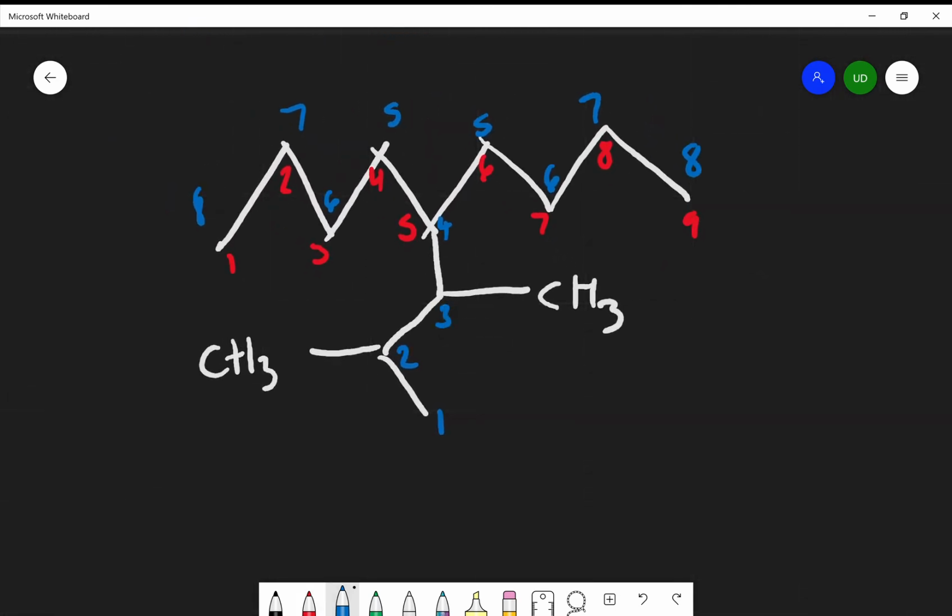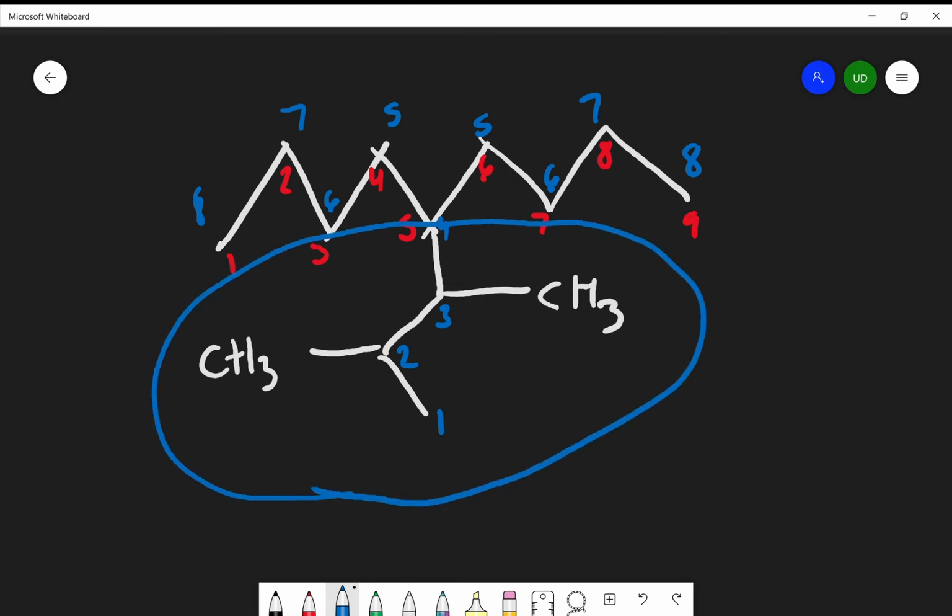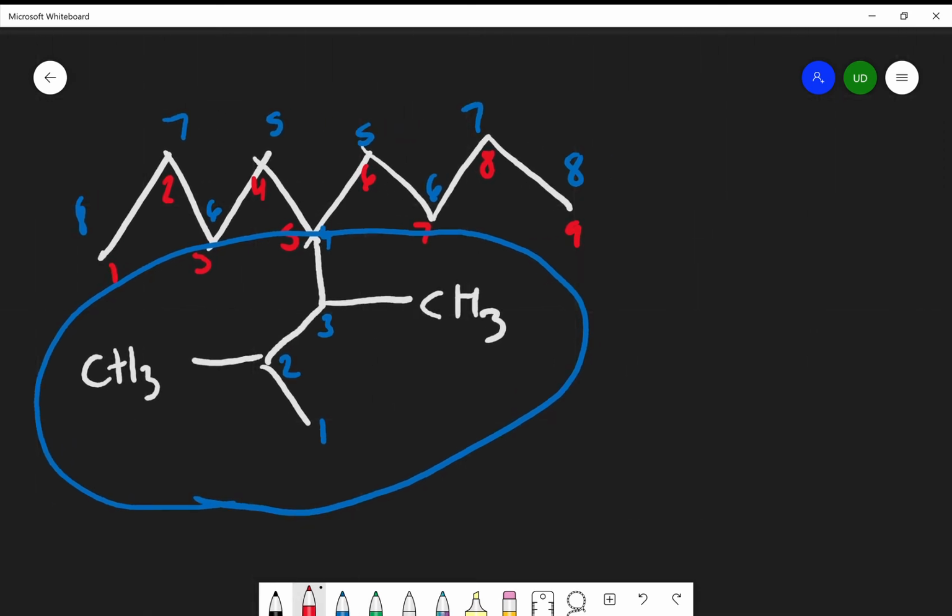Okay, now we gotta circle our substituent so we could get it out of the way. Our parent group is 9 carbons, so it is nonane. Okay, now we gotta restart our numbering system on this carbon chain. We gotta find the longest one. So we would start here with 1, 2, and then 3 down here.